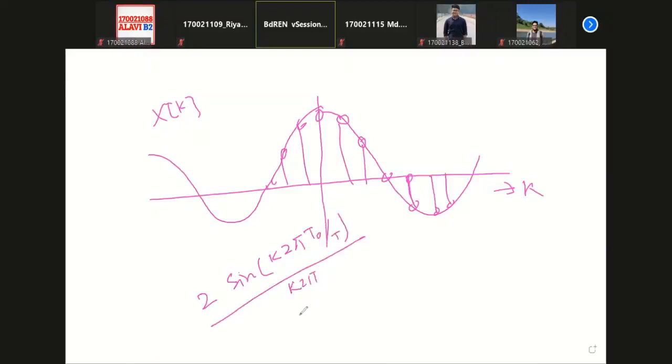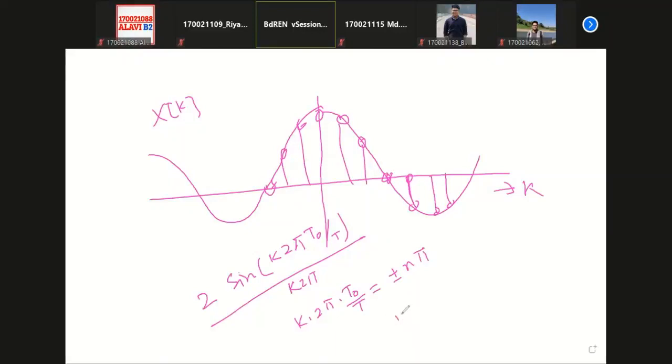When will it be equal to 0? When k into 2 pi multiplied by t0 divided by T is equal to, say, plus minus n pi, then those zeros will appear. Then can we find the value of k when the zero will appear?